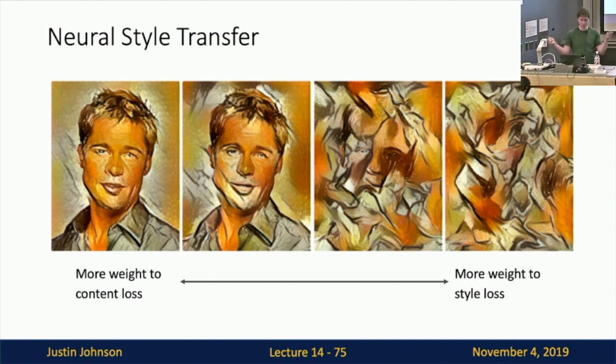As we trade off between those two objectives using some scalar weighting term, on the left, when you put a lot of weight on the feature reconstruction, then you tend to reconstruct the content image very well. And on the right, if you set the gram matrix reconstruction term to be very high, then it throws away all the spatial structure and gives us just garbage. By the way, this is Brad Pitt being rendered in the style of Picasso. On the right, it's like Super Picasso, and on the left, it's like Super Brad Pitt.